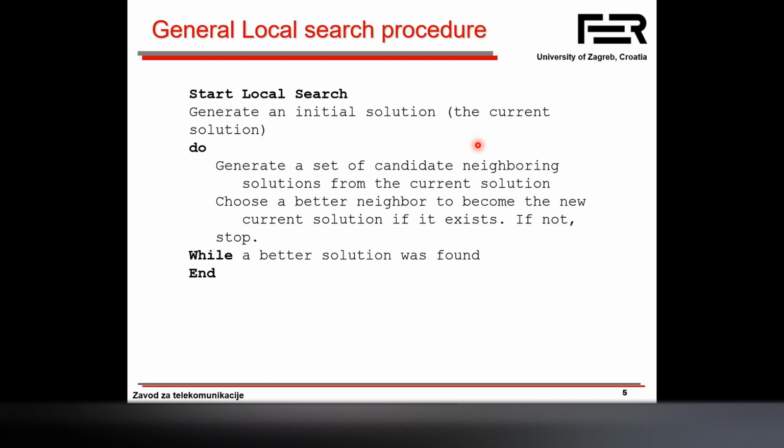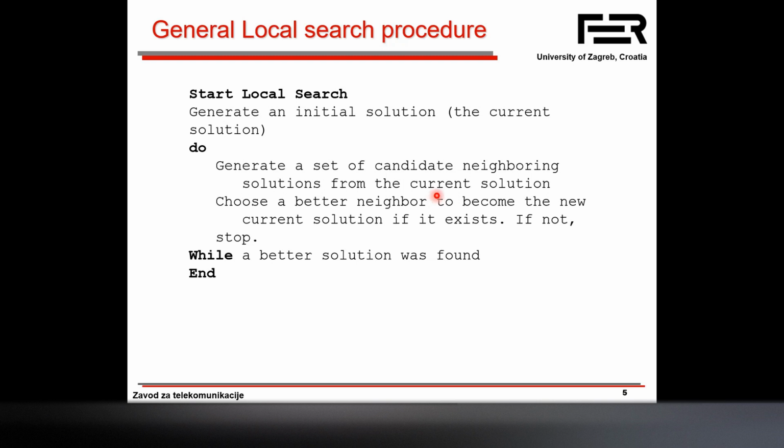So at a very high level, what the pseudocode would look like is we generate an initial solution. That's our current solution. From this current solution, we generate a set of candidate neighboring solutions, and we'll specify what we mean by neighboring solutions. We choose a better neighbor or the best neighbor, and there are different strategies for this, that will become the new current solution if it exists.